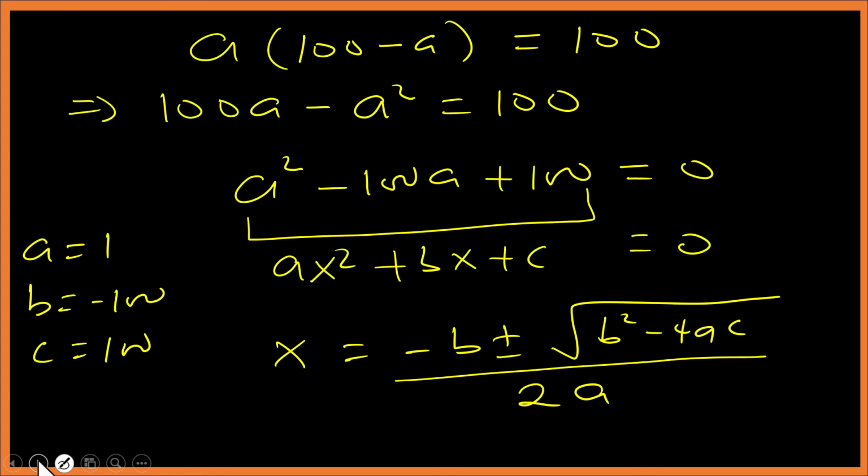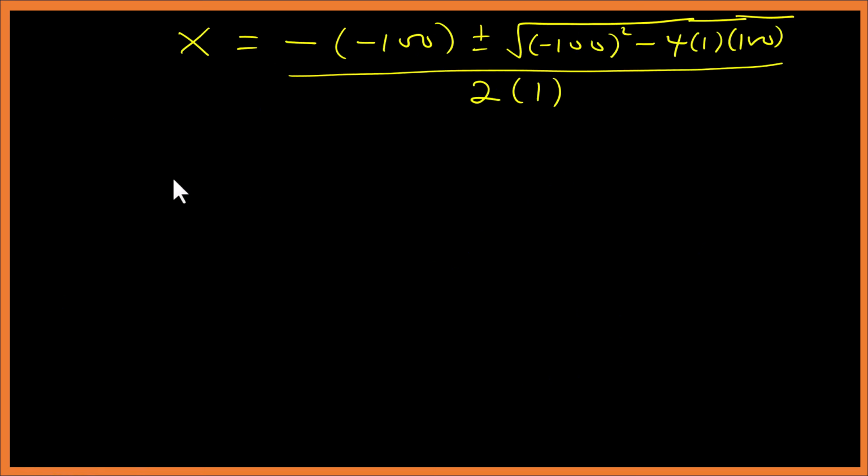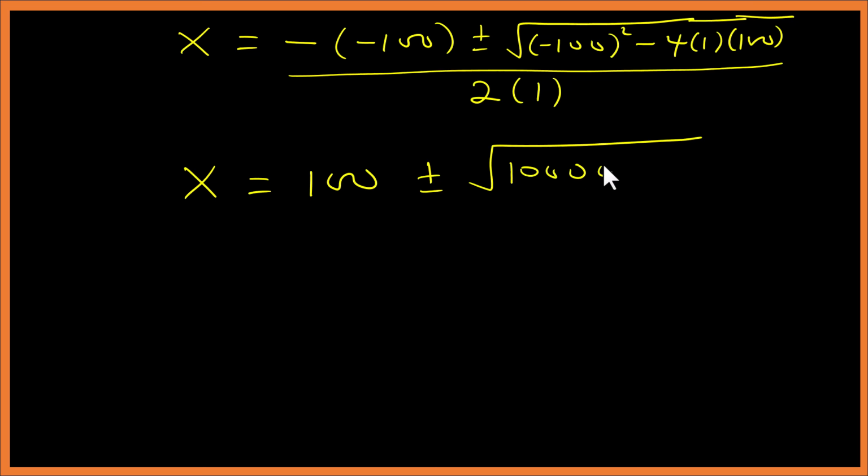Okay, so from here my x will be 100 plus or minus the square root of 10,000 minus 400, on 2.